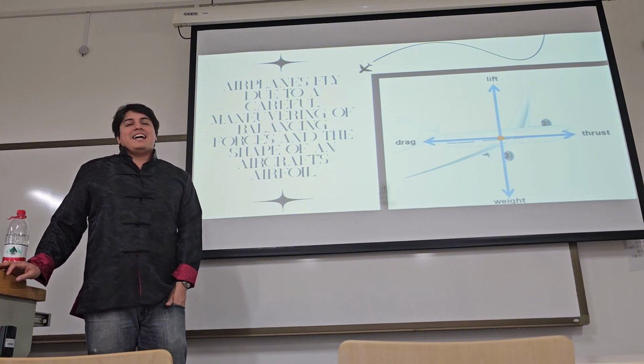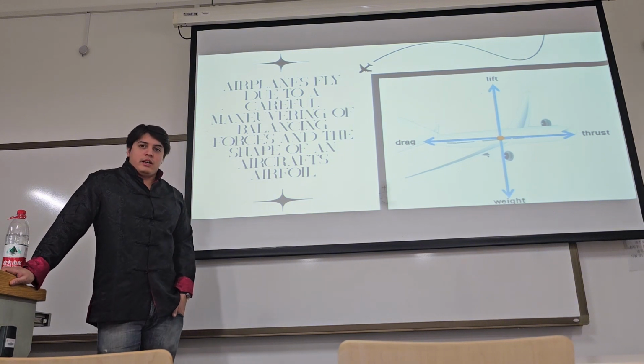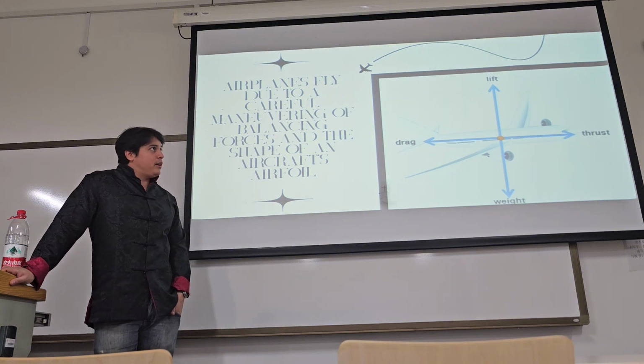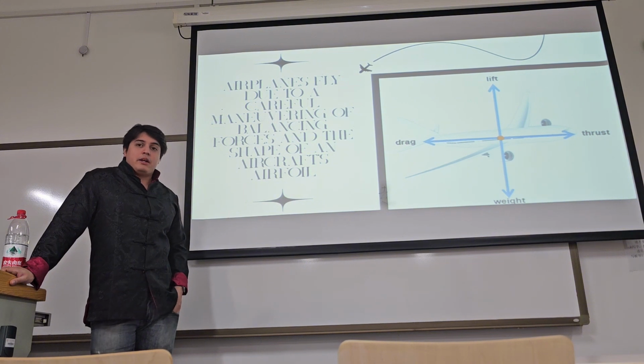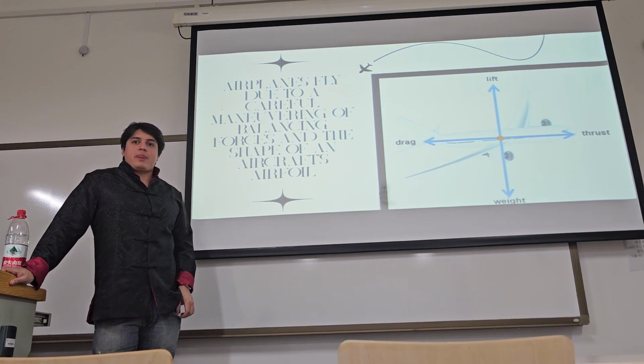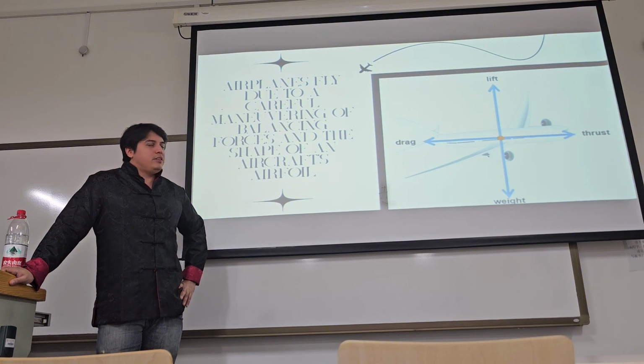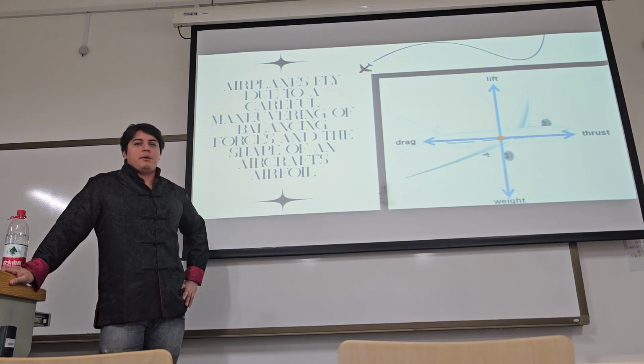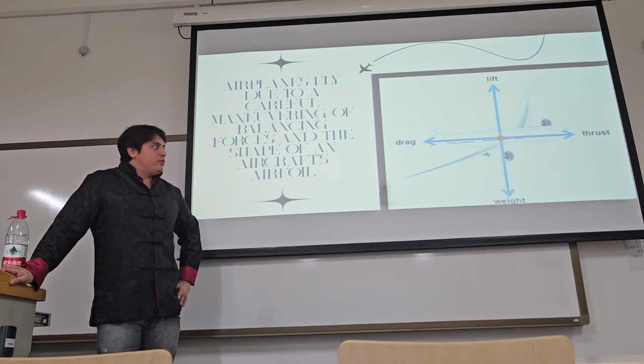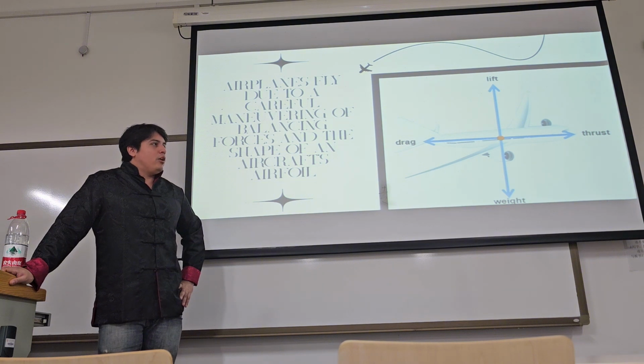At that moment they were not quite sure how airplanes fly, because they were doing this basically in just trial and error. So they were able to fly it, but they didn't really understand how it was capable of that. They didn't know how it flew.